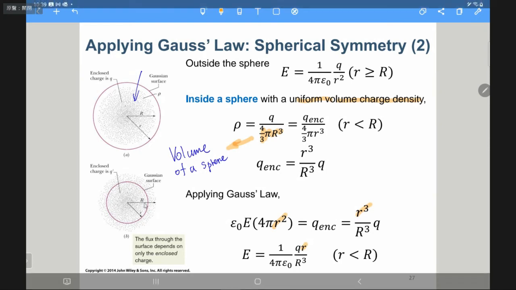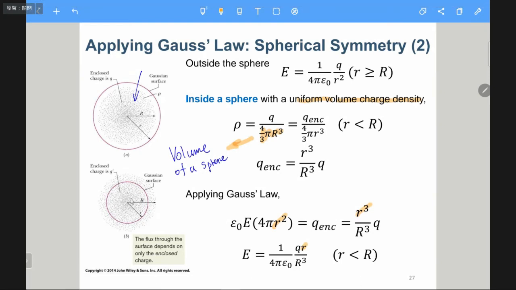So inside a uniformly distributed charge sphere, the E field is linearly increased. It is proportional to r. All the other terms are constant. Capital R cubed is constant. Q is constant. So it's proportional to r.